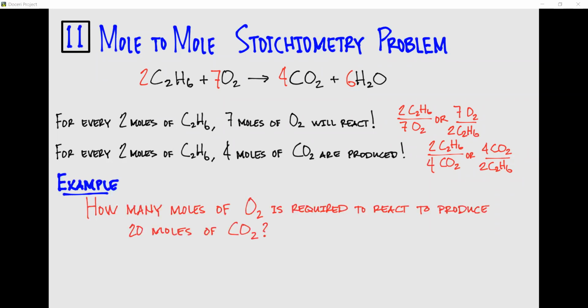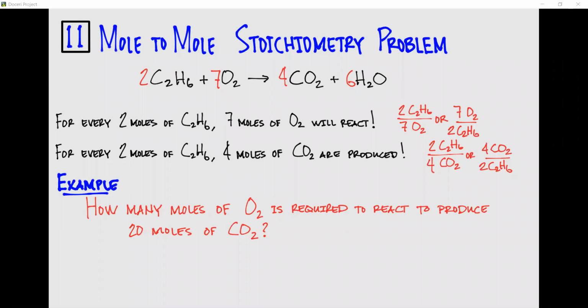Here's an example. So now we're looking at a mole-to-mole stoichiometry problem here. How many moles of oxygen gas is required to react to produce 20 moles of carbon dioxide? So it's asking for the moles of O2 given the moles of CO2. They call this mole to mole because everything is in moles.